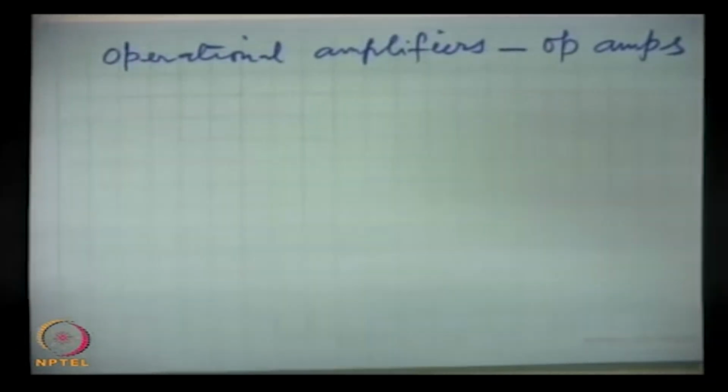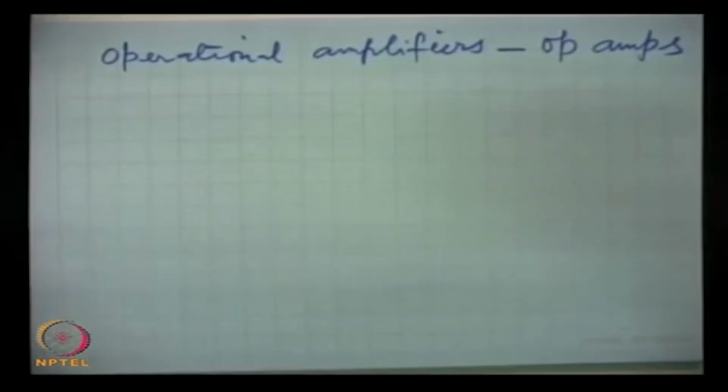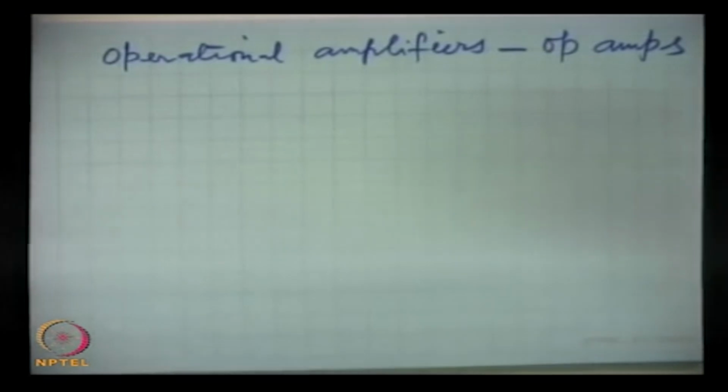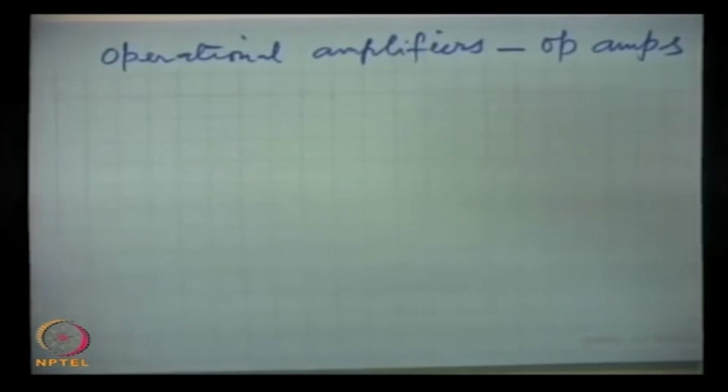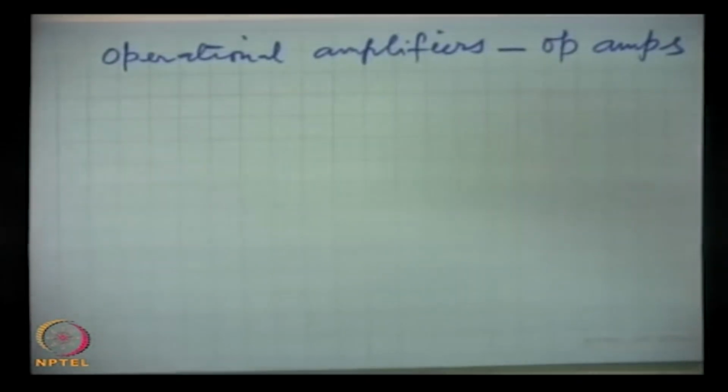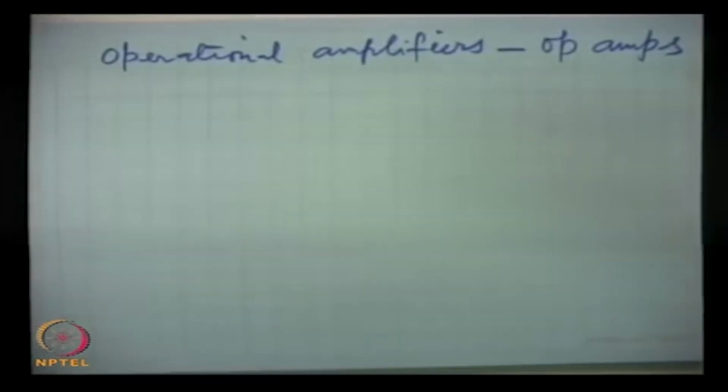Op-amp today is a very important component in every digital and analog system. You will hardly find a system in which op-amps have not been used; they are very widely used.